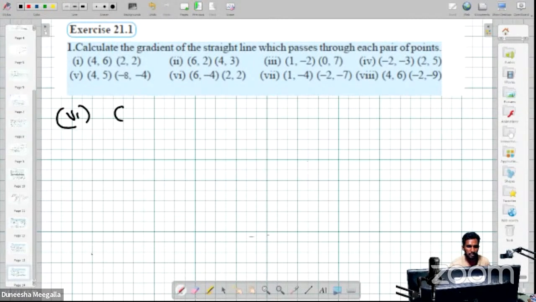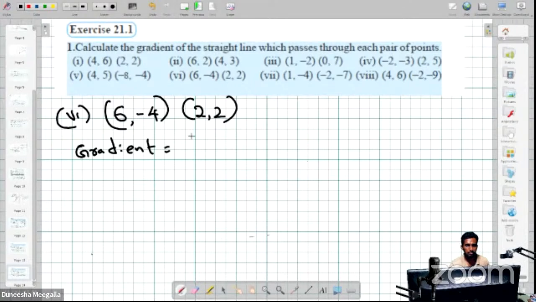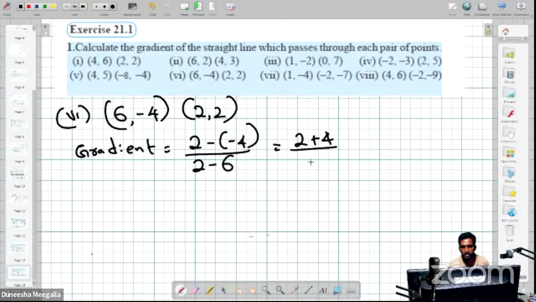Six done. Then 2 minus minus 4. 2 minus 6. 2 plus 4, then minus 4. 6 minus 4, 3, 2.